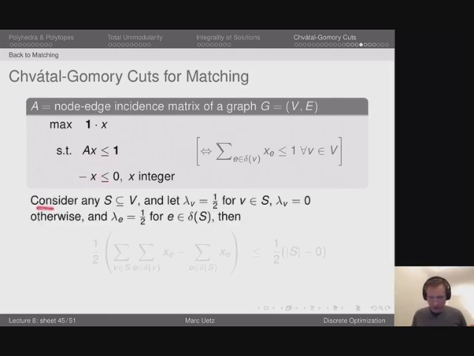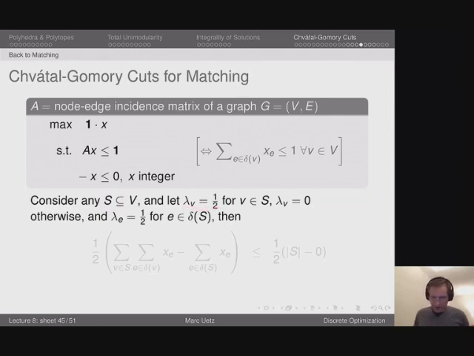I consider any subset of the vertices S, and I take the corresponding degree constraints here with a weight 1/2, and all the other degree constraints with a weight 0, so they are not taken into account. So only the degree constraints for the vertices in S, with a weight 1/2.